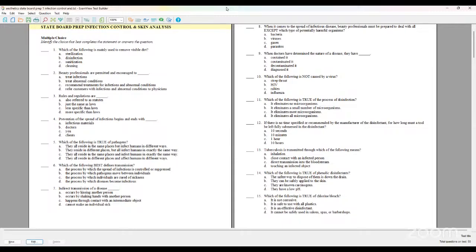The thinking question. Now, the same bacteria that I can have on my hand and Amber can have on her hand is going to affect us differently, y'all. And so number 5 is going to be D. They all reside in different places and affect humans in different ways.